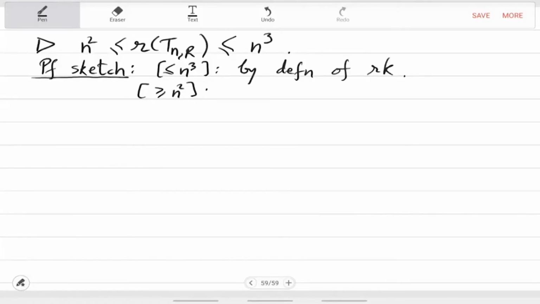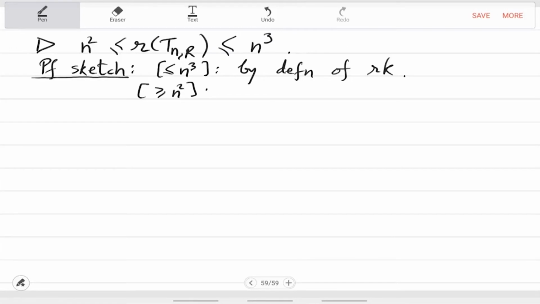The reason is that each of the variable families x, y, z has n square many variables. Intuitively, if you set n square minus 1 variables to 0, still something remains, so not the whole tensor vanishes.